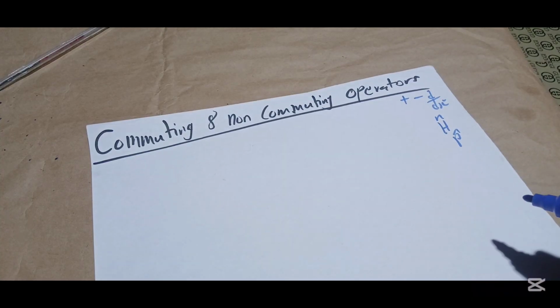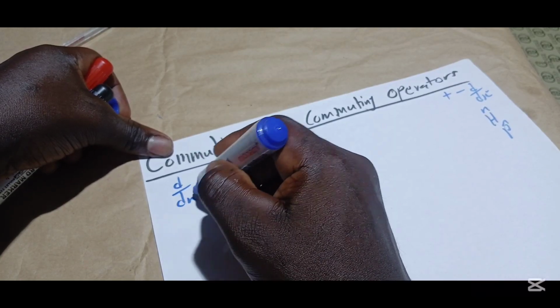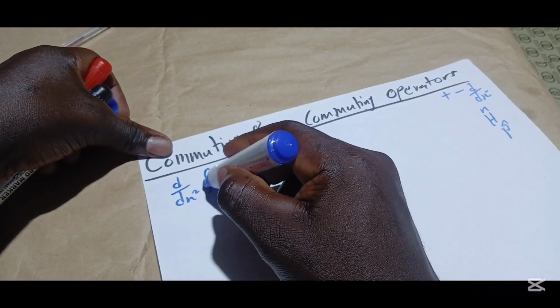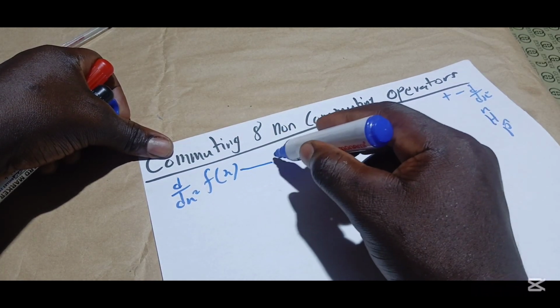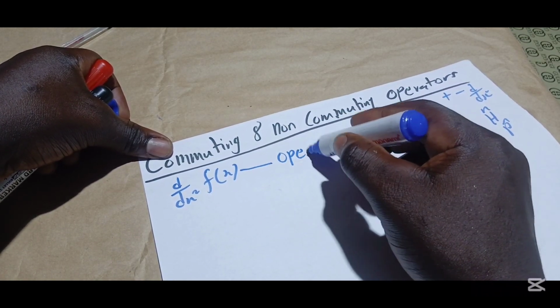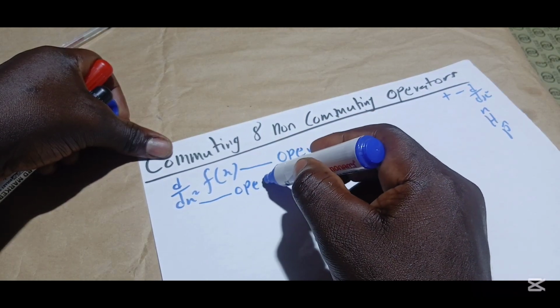So an operator works on a function called the operand. Let's say we have our operator d/dx squared operating on the function f of x. In this case, f of x becomes the operand, and this is our operator.